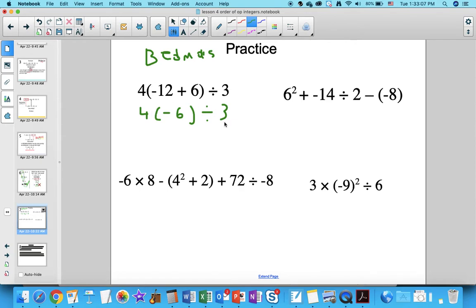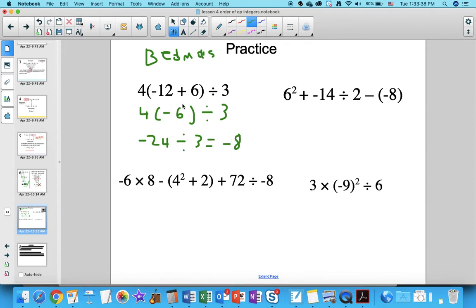But remember, multiplying and dividing share the same priority, so I start on the left. 4 times 6 is 24. There's only a negative, so I go negative. Then I divide by 3. Negative divided by positive is negative, so I know my answer is going to be negative. 24 divided by 3 is 8. So my answer should be negative 8.